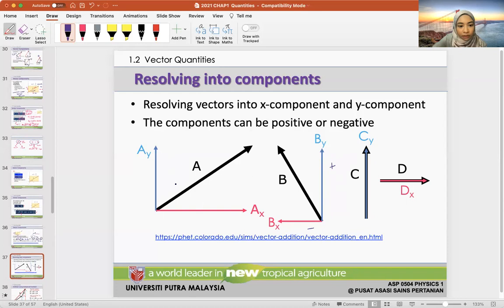D is already in the X component, so D is just DX positive. And C is already in the Y component, CY positive.